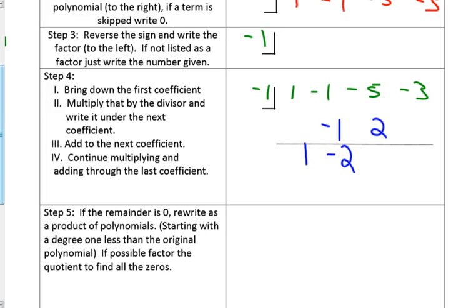Then -5 plus 2 is -3. And then multiply. -1 times -3 is 3. And then add. It's 0.